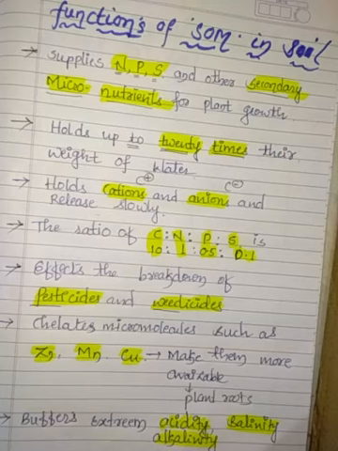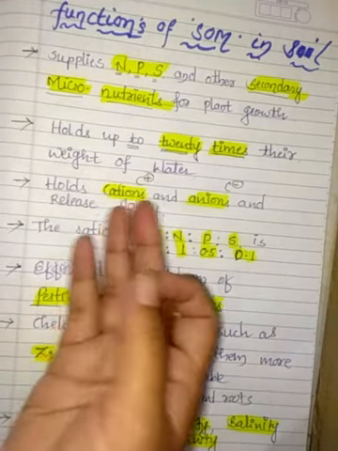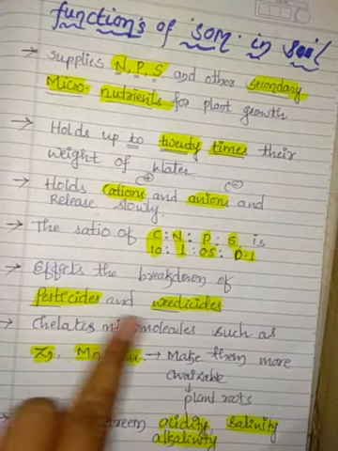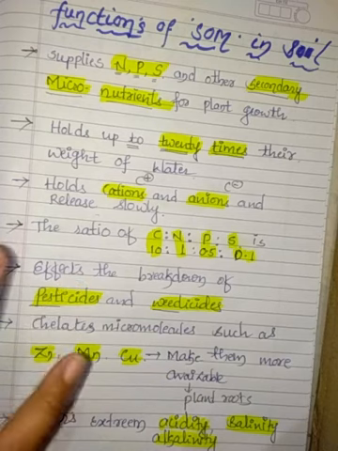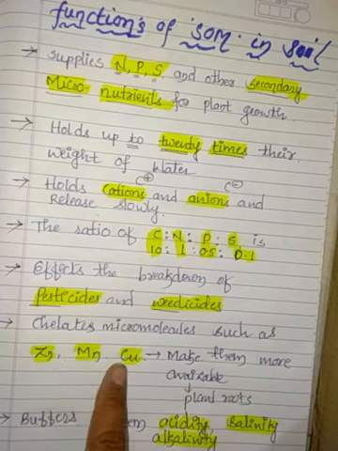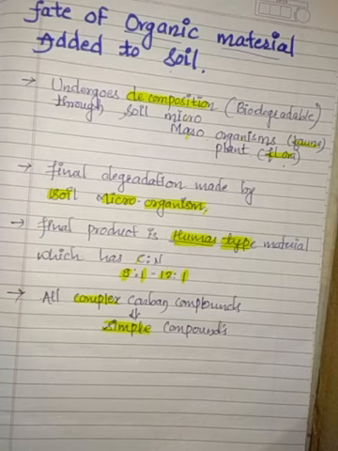It holds 20 times more water, contains cations, anions, carbon, nitrogen, phosphorus, sulfur ratio. Again pesticides and weedicides affect the breakdown. Chelate micronutrients like zinc, manganese, copper, and how it acts as a buffer. Next we saw the fate of organic material. These are all about today's part, and in the next class we will deal with the nitrogen cycle.